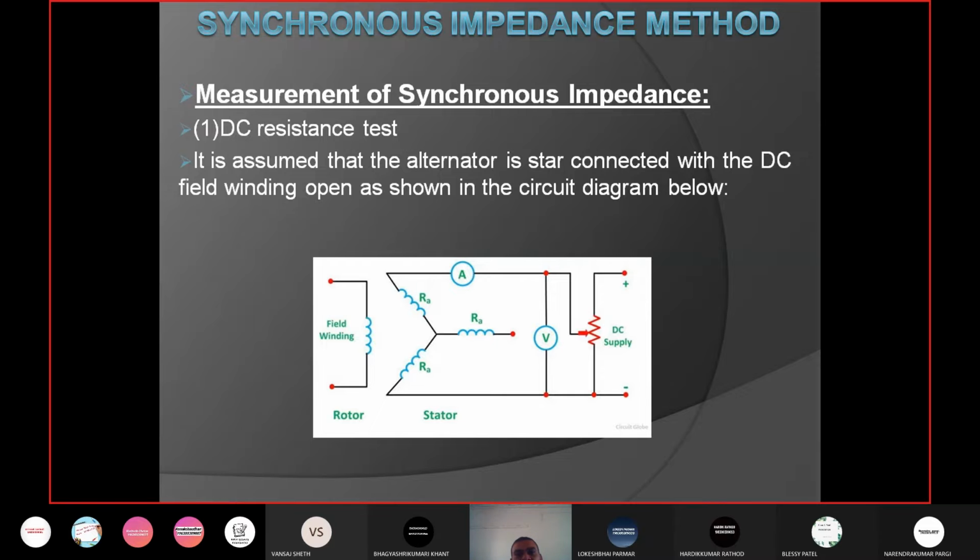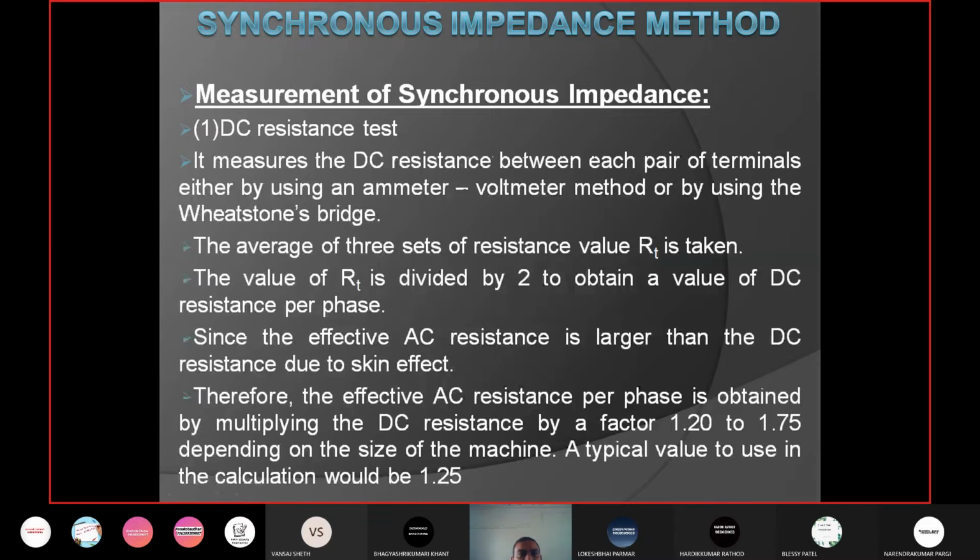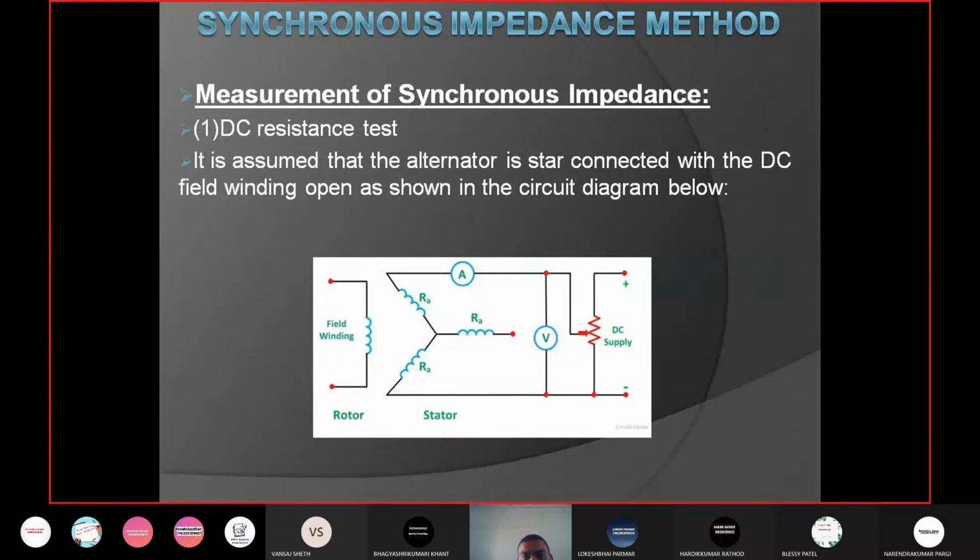Now in this DC resistance test, what happens? It measures the DC resistance between each pair of terminals, either by using an ammeter and voltmeter or by using the Wheatstone bridge. So in this, the ammeter is connected here, and in between these two phases the voltmeter is connected.